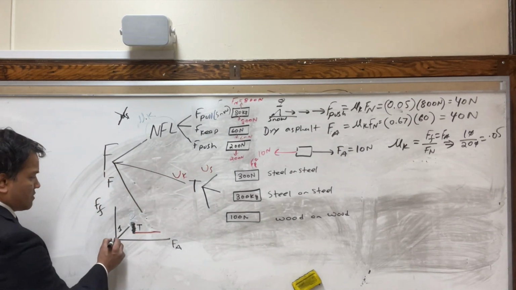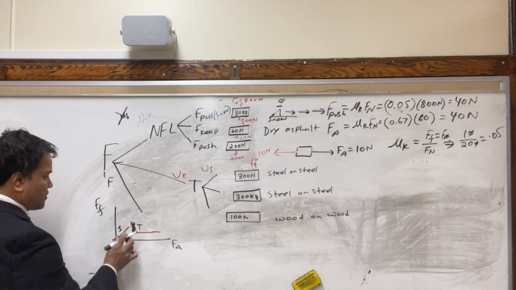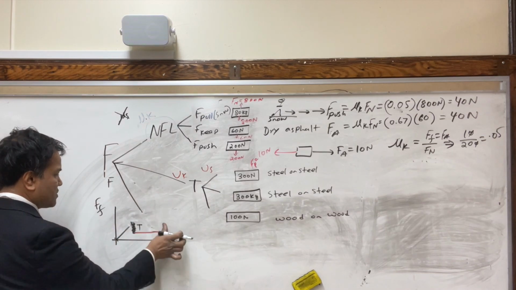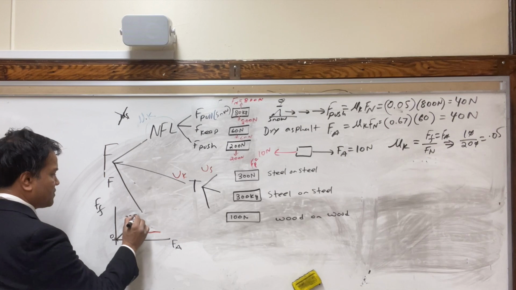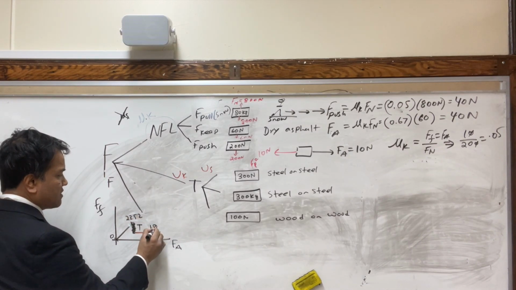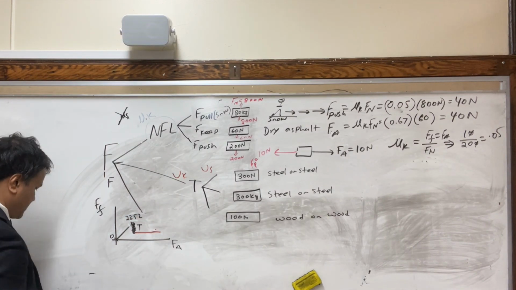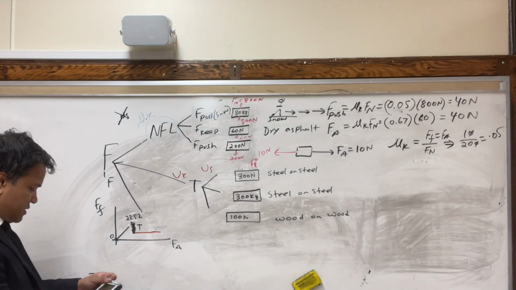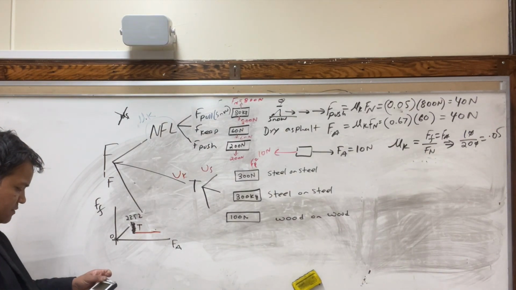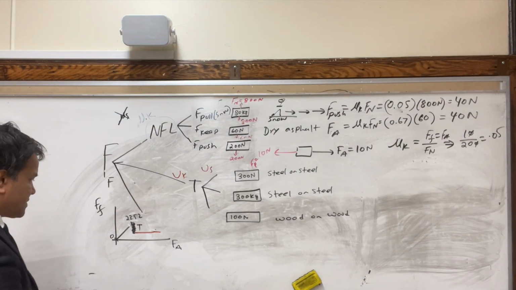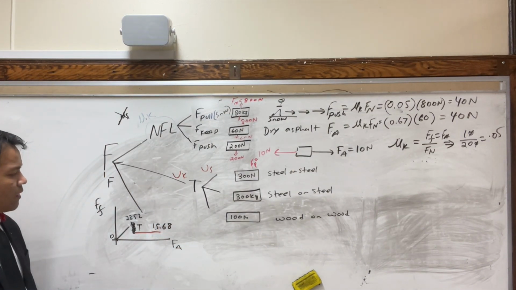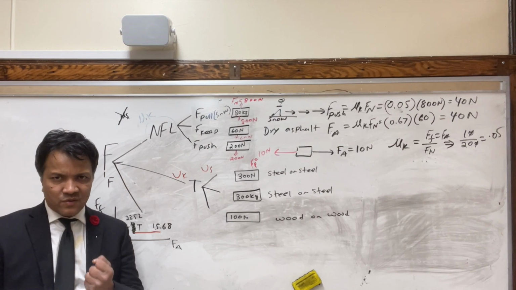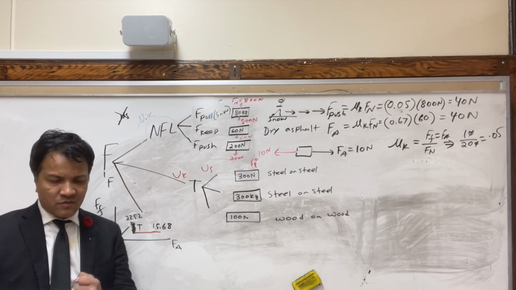Location 1 is 0, this is location 2, 23.52, and this is 19, 78.4 times 0.2, this is 15.68.